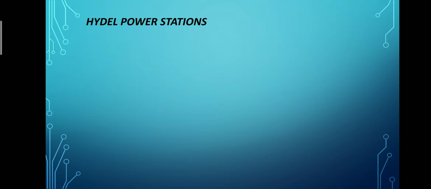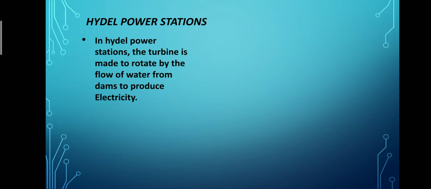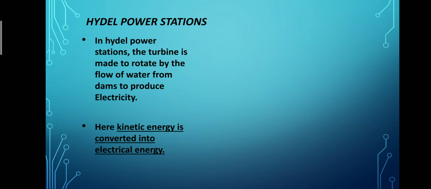Next is the tidal power station. A tidal power station means we are getting energy from water. The turbine is made to rotate by the flow of water. These power stations are located near dams, where water flows with great force.